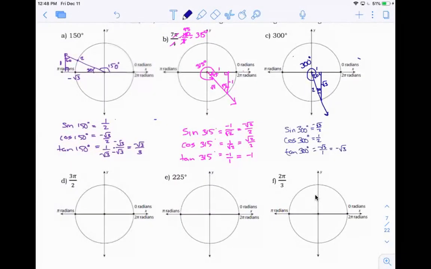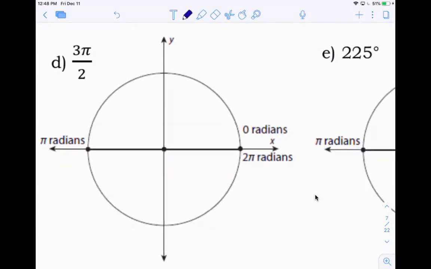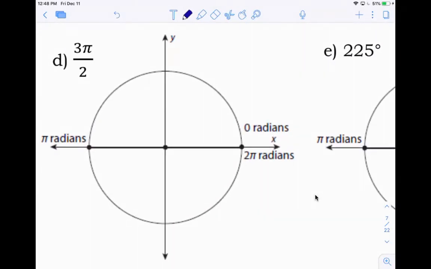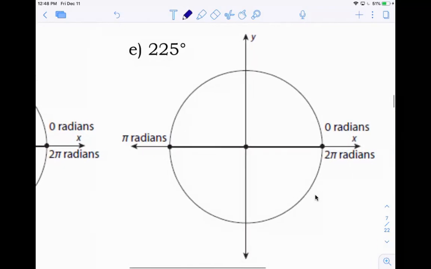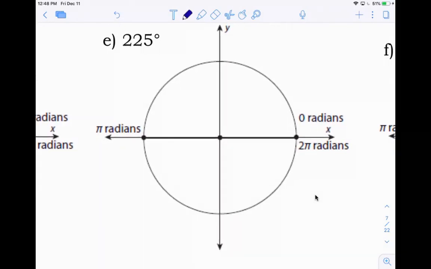Okay. Let's do another one. 3 pi over 2, we will come back to. We're actually going to do 225 degrees first, just because this one is guaranteed to be in quadrant 3, which I think we need to see. So 225 is in between 180 and 270. It is in fact halfway between 180 and 270.